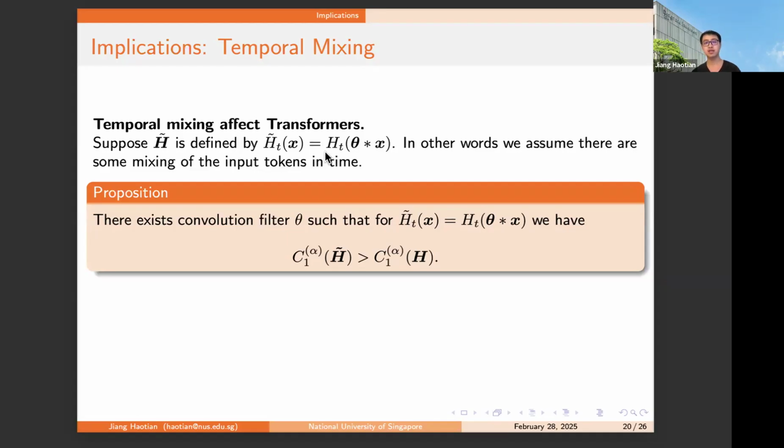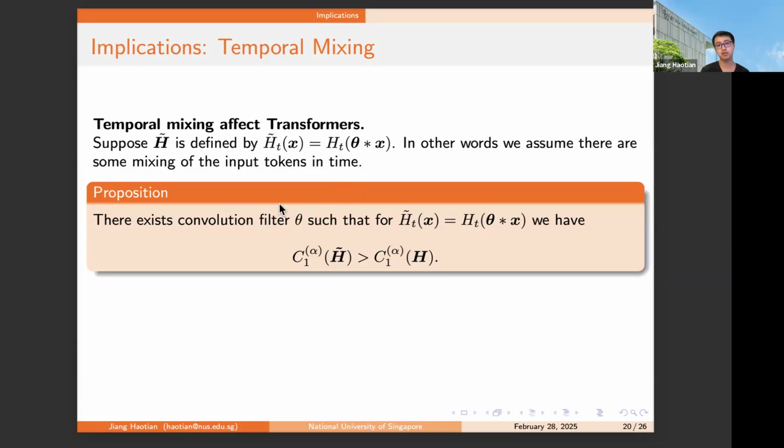So this equation means that we are considering the same output, but the input is changed using a convolution filter. In other words, we are assuming that there is some kind of mix of the input tokens through the time direction.